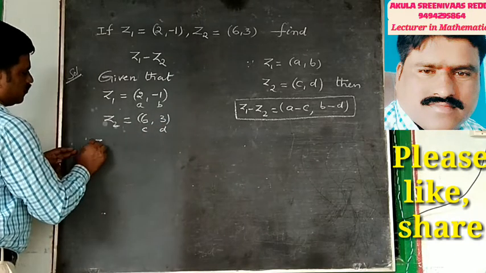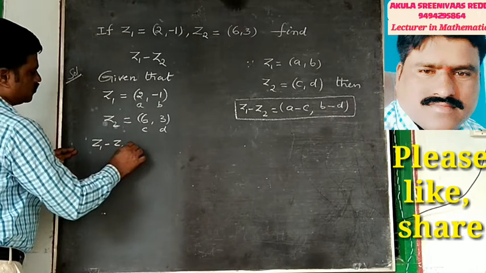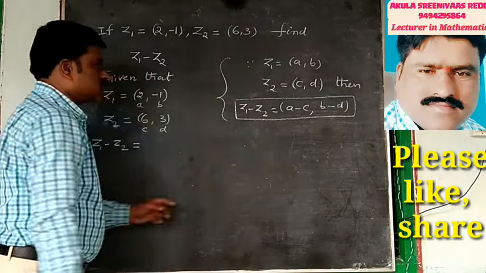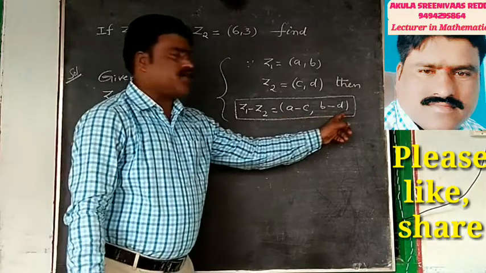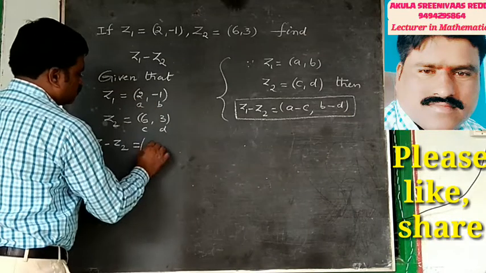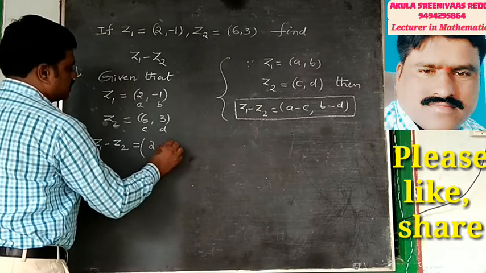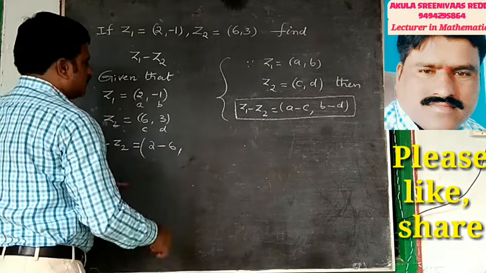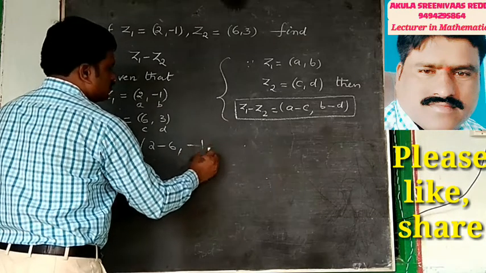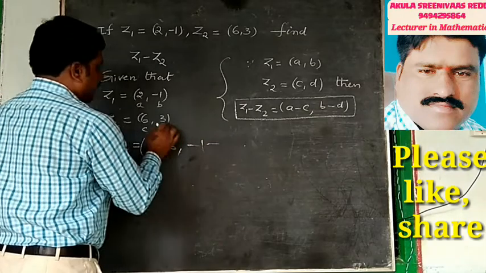Therefore, Z1 minus Z2 is equal to, we use this formula, A minus C comma B minus D. A value is 2 minus C value is 6 comma B value is minus 1 minus D value is 3.